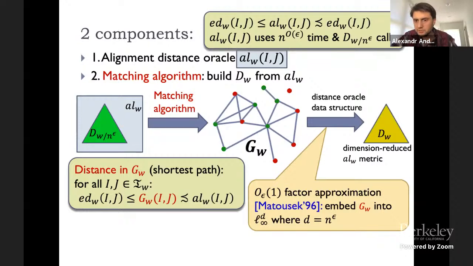We can embed the shortest path metric defined by this graph GW into ℓ-infinity of dimension n to the epsilon. So at the end of the day, this data structure is particularly simple: each substring xi or yj will be a string of n to the epsilon numbers. When we compute the distance, we just take these two strings of numbers and compute the ℓ-infinity distance between them.